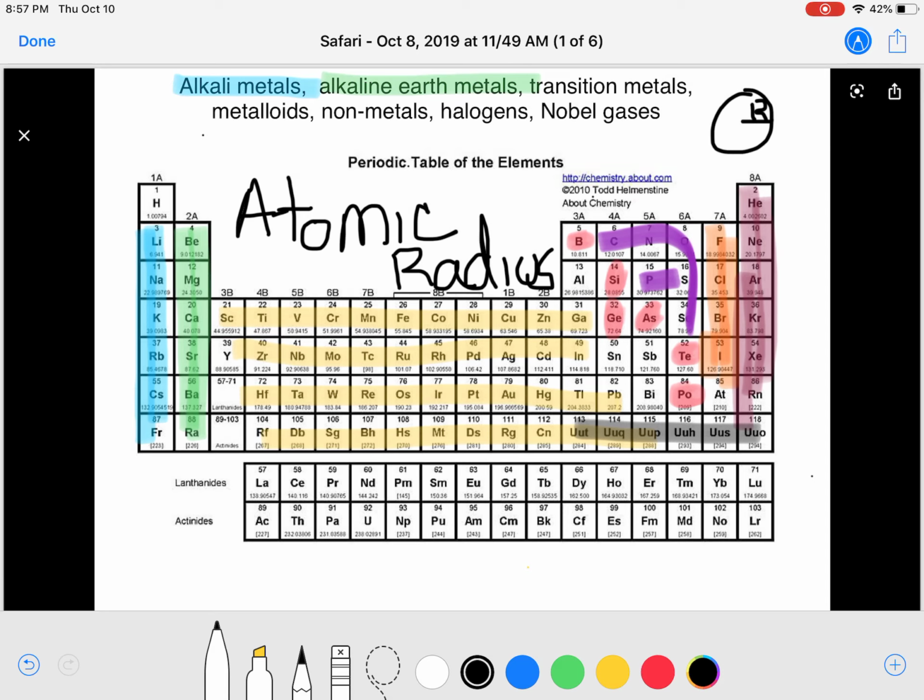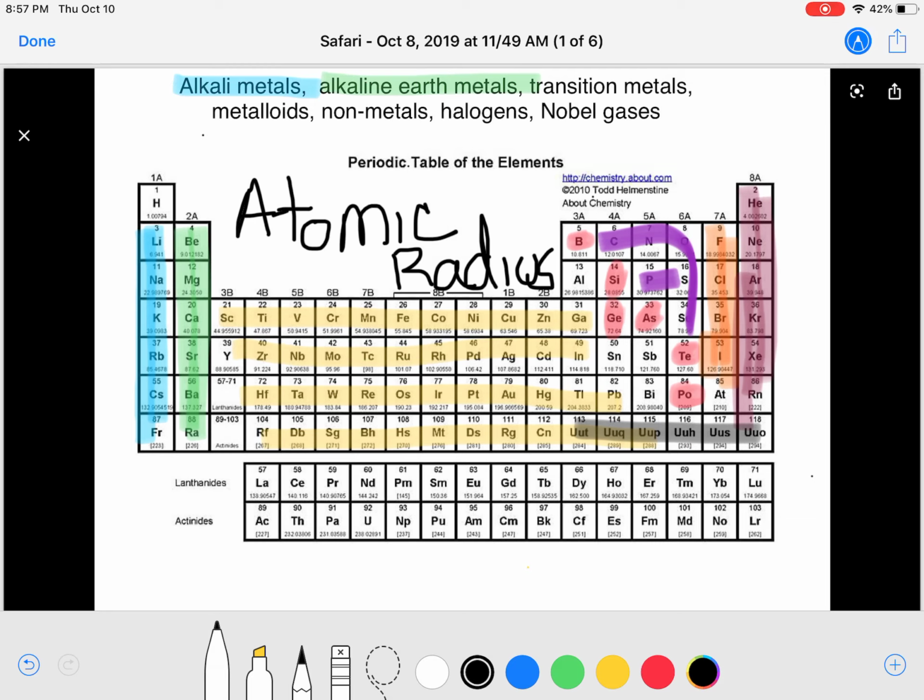And the radius is that line right there that you can calculate and measure in your math class, but we're not going to do that. Atoms are so small that you can't even begin to measure the radius of them. So we do the generalized idea of how big or small an atom is. So what we said before was the atomic radius is the general size of an atom.